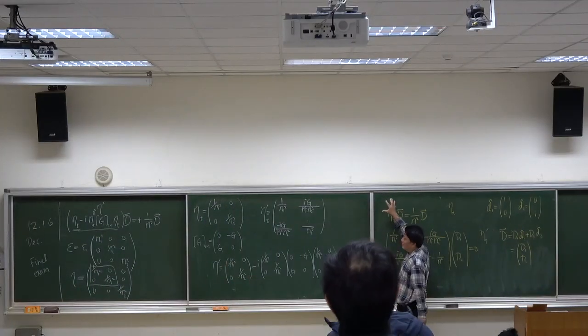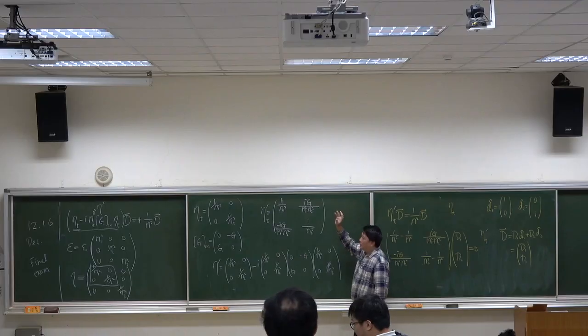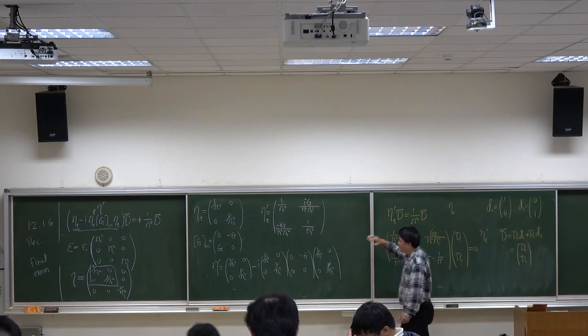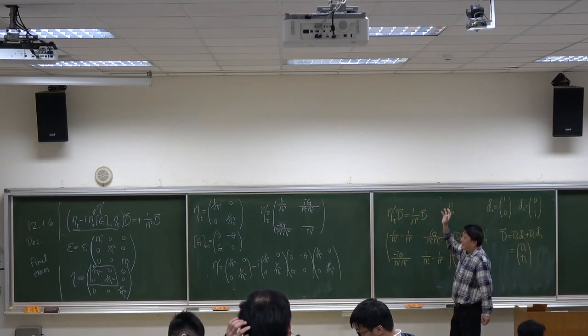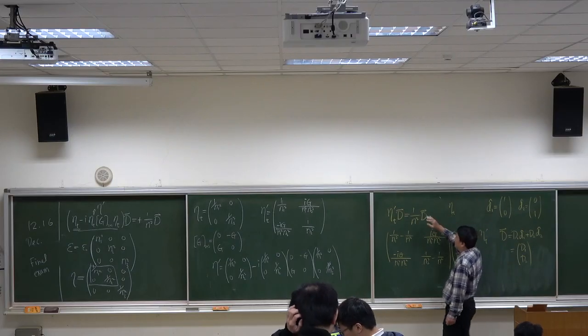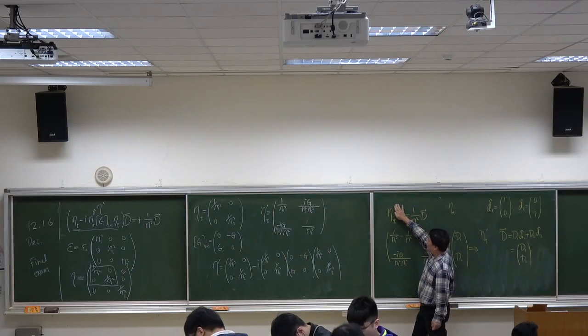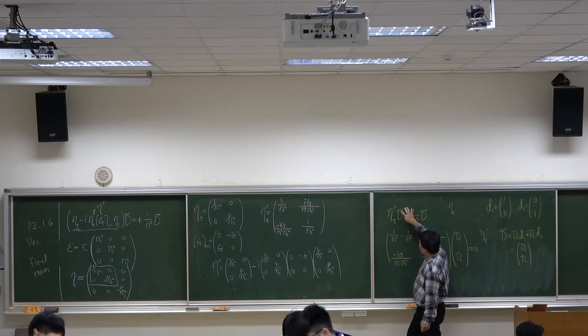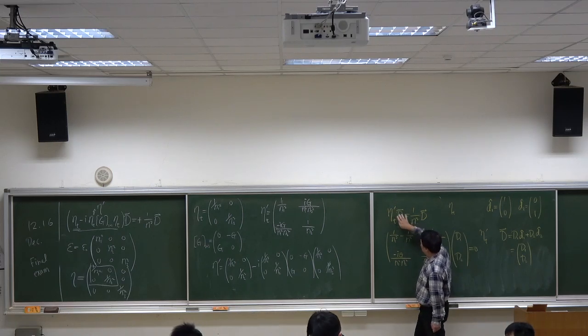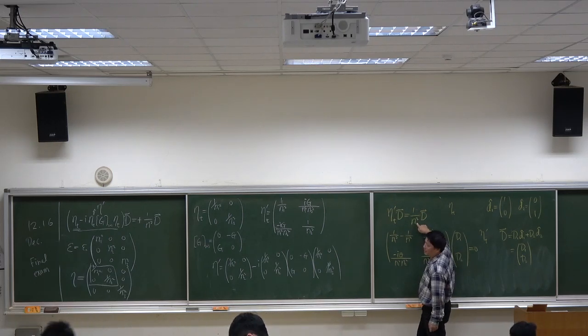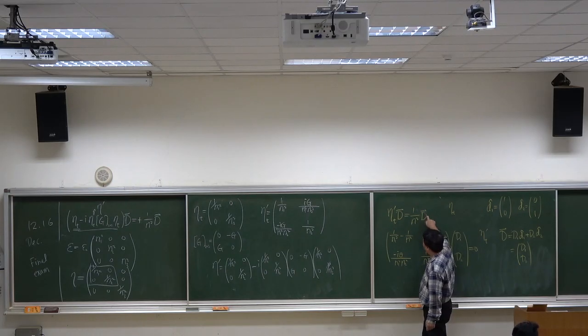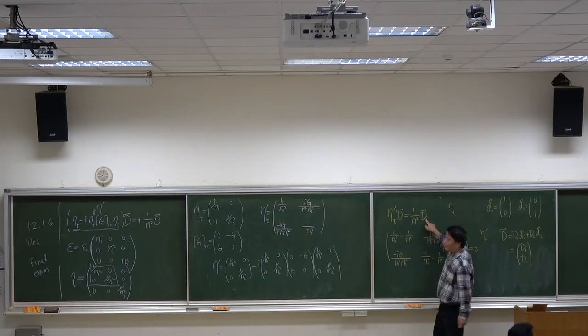if we have no optical activity, if the medium is not optically active, then originally we have eta t times d equal to 1 over n1 squared times d1, and 1 over n2 squared times d2.